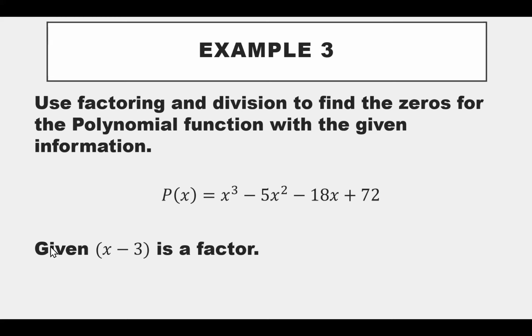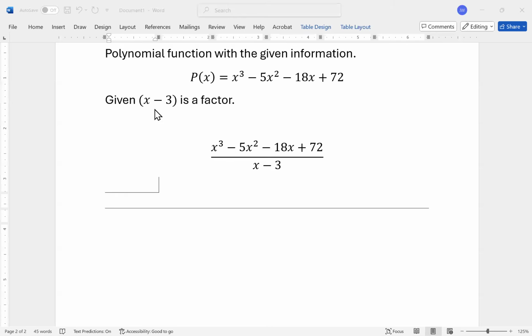So how do we do that given that we know x minus 3 is a factor? Well, we're going to start out by dividing this cubic by x minus 3. Since I know x minus 3 is a factor, I'm going to try to break down this cubic polynomial into x minus 3 times the quadratic piece. And therefore, I'm going to divide the cubic polynomial by x minus 3 to see what that quadratic piece will be.